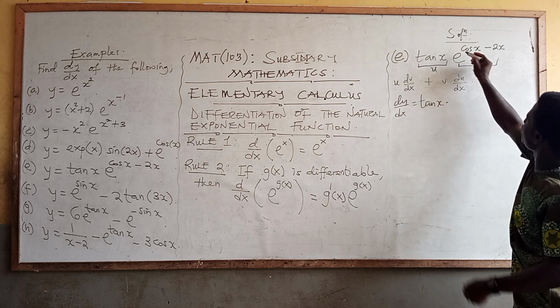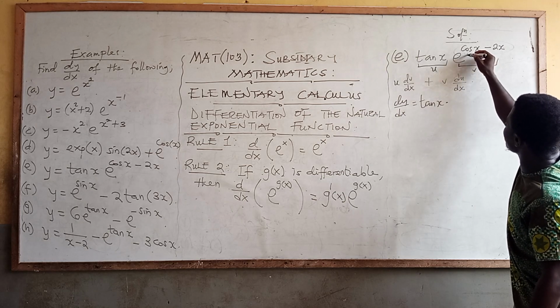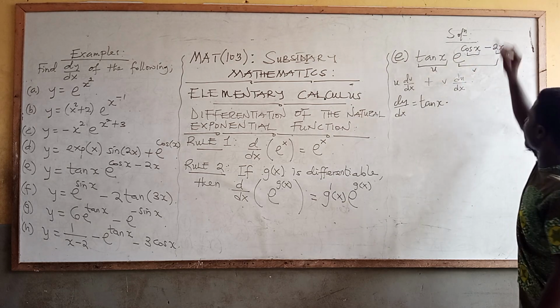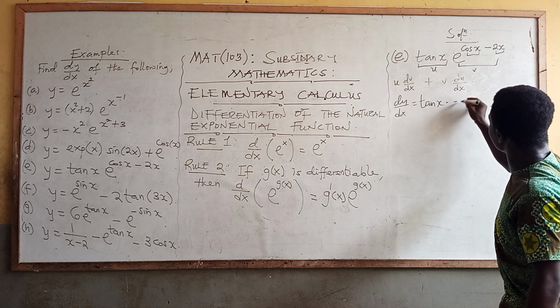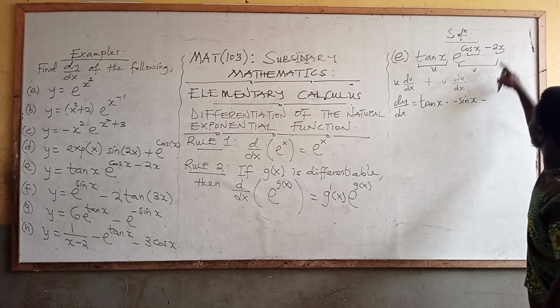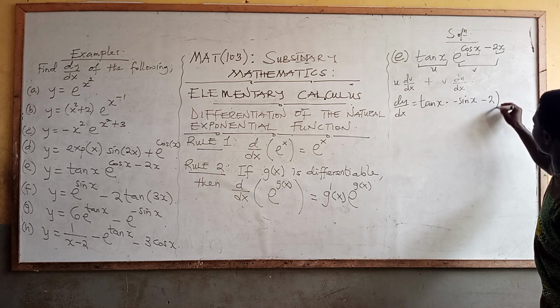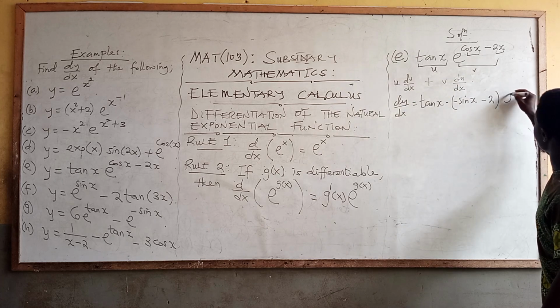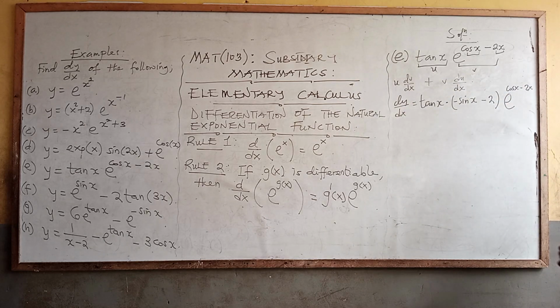I said differentiate the power or the index. So now we differentiate it with respect to x. So now if you differentiate cos x, you get what? Minus sine x. Then minus, when you differentiate 2x, you get what? 2. Then we multiply it by what? The same exponential, cos x minus 2x.